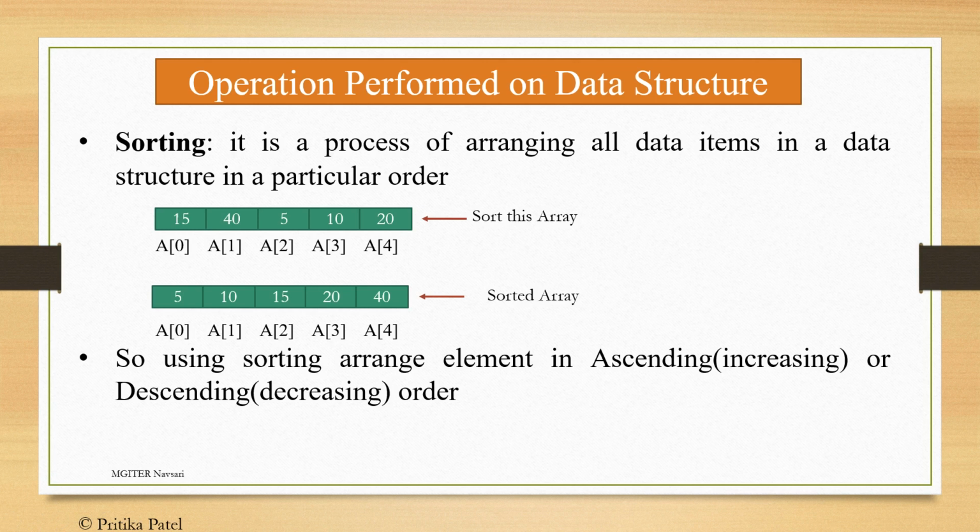So by using the sorting operation, this array is sorted in increasing or decreasing order, or we can say ascending or descending order. Here in this example we are going to sort this array in ascending order, that means increasing order. The array elements given are 15, 14, 5, 10 and 20.